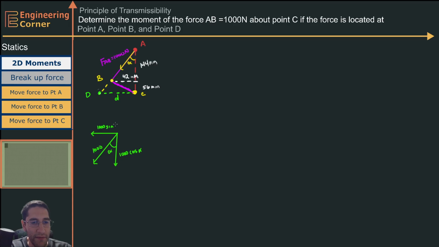alpha, this alpha value. Now, alpha, we can calculate. Alpha is going to be the inverse tangent of 42 over 144. 42 is the opposite side of this triangle. 144 is the adjacent side. So from SOHCAHTOA, we can say this is going to be the inverse tangent of 42 over 144. Now we can do that calculation.